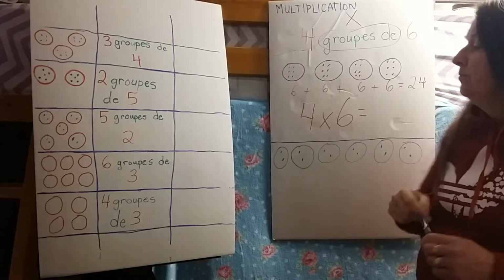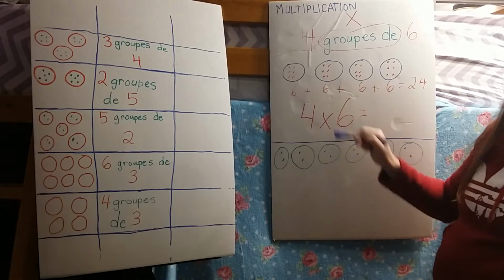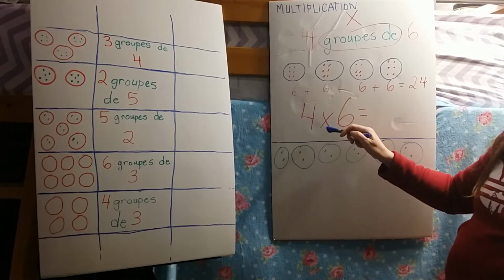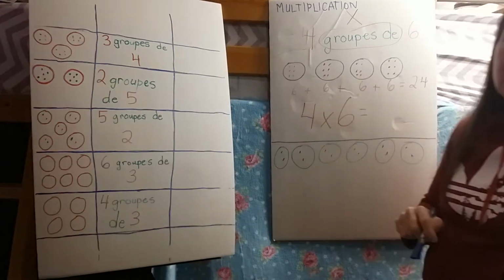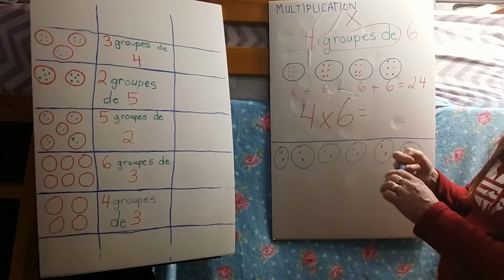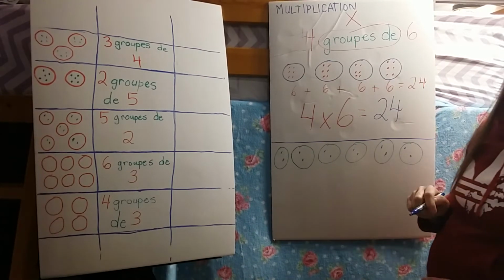Multiplication. Sometimes they call it times, sometimes they call it multiply. 4 multiplied by 6 gives us, well, it doesn't change the total any. It was 24 here. It's still 24 here. 4 multiplied by 6 gives us 24.